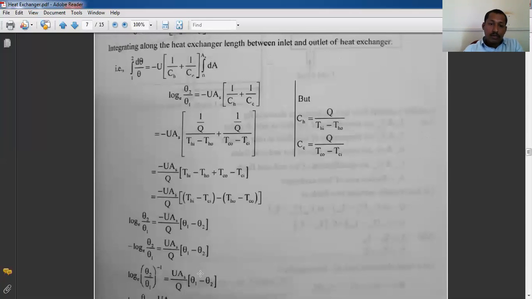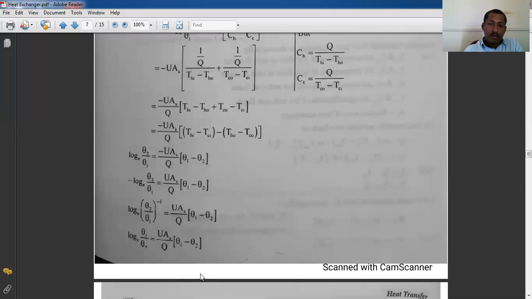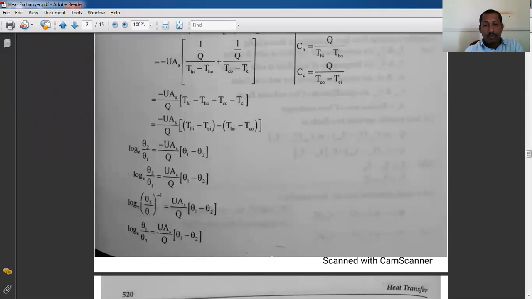Now, log theta 2 by theta 1 is equal to minus U As divided by Q into theta 1 minus theta 2. So taking the negative sign this side, you may send that negative sign inside. You may write theta 1 by theta 2. Log base e theta 1 by theta 2 is equal to U As divided by Q into theta 1 minus theta 2.